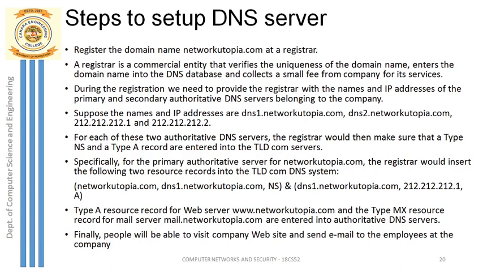The second step is, now the registrar will ask you for the list of IP addresses or the list of host names that you are going to have in your company. For example, I'm going to start my own company, and my company name is networkutopia.com. I want a unique name for my website, that is again networkutopia.com. I've registered by paying an amount.